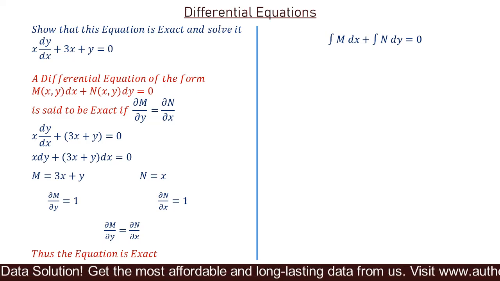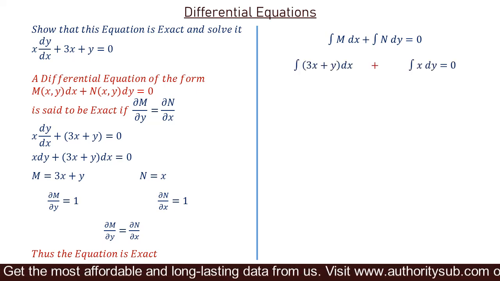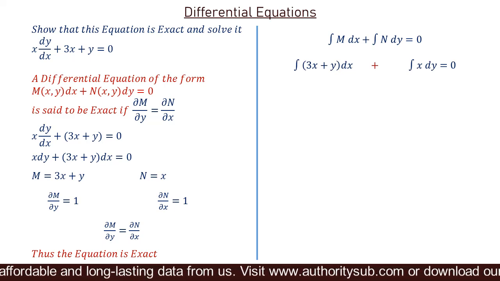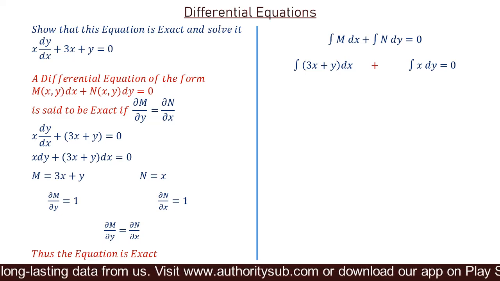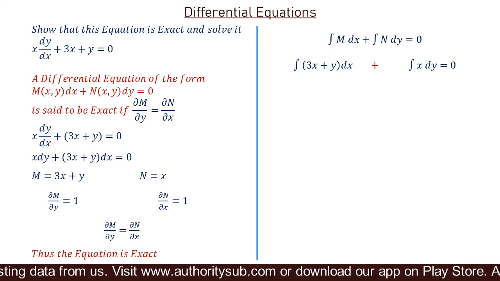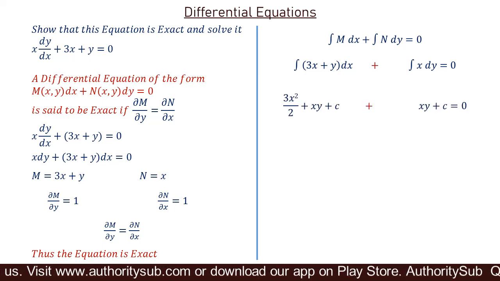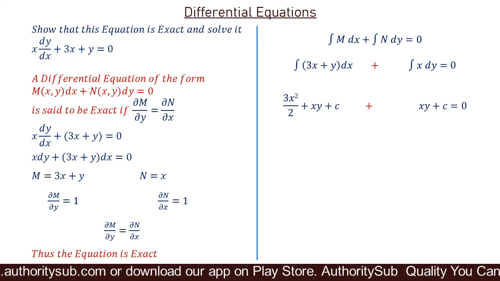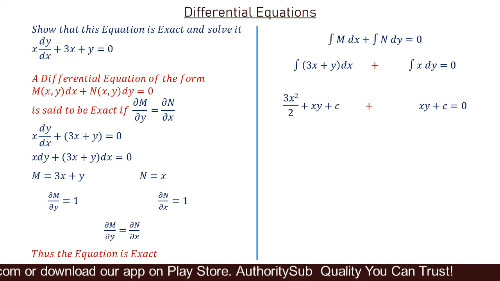Good. So we are going to have the integral of M is what? The integral of (3x plus y) dx plus the other side integral of x with respect to y, right, equal to 0. So here when we integrate 3x with respect to x, it's going to give us 3x squared over 2 plus when we integrate y with respect to x, it's going to give us xy.